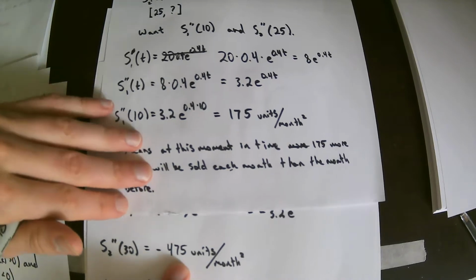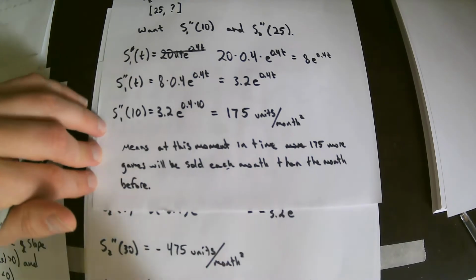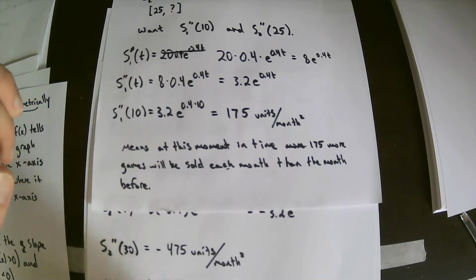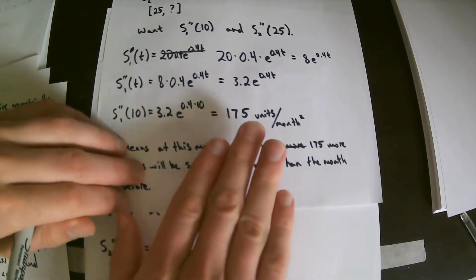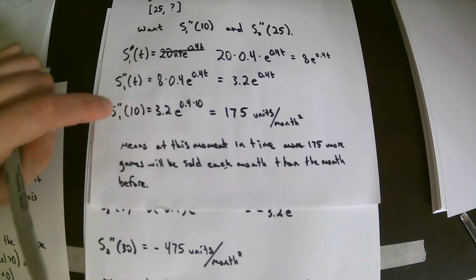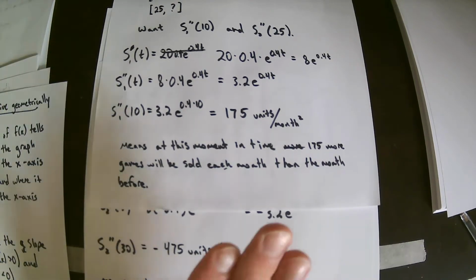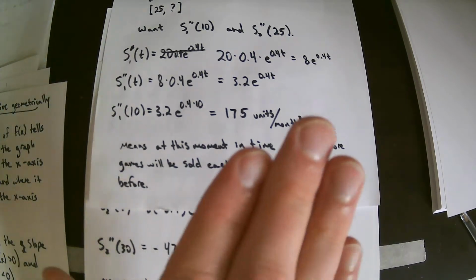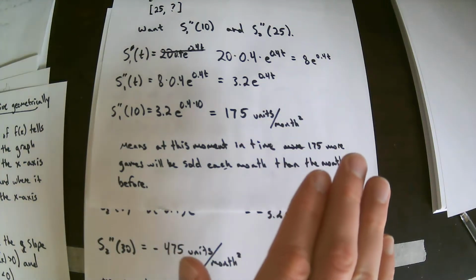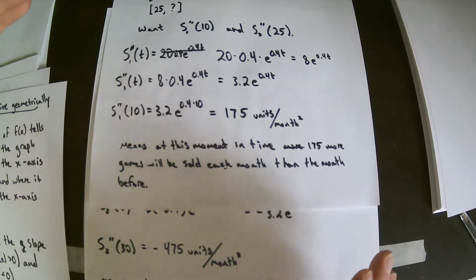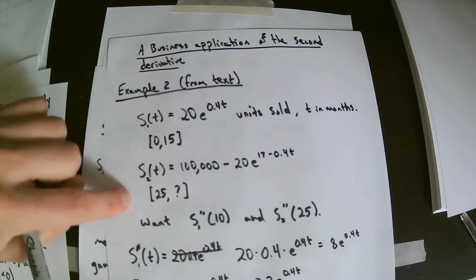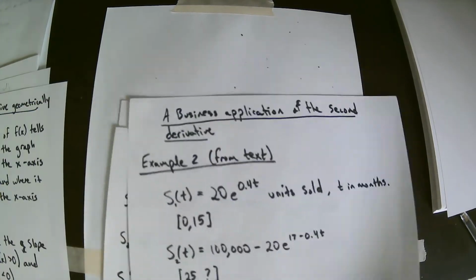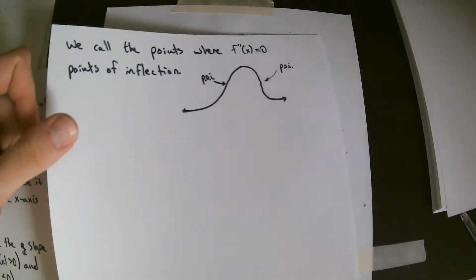We're selling a lot less here. Somewhere in between there was a 0 acceleration point where we're no longer selling more. We went from positive to negative, so somewhere between 10 and 30 months, there was a point where our sales leveled off and we're not selling any more games per month. We're not accelerating anymore. It's a little complicated with this problem because there were two functions, but still a very useful thing.